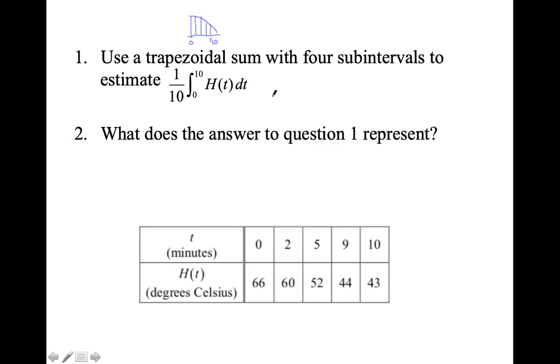As we have done in the past, we need to know the width of each one of these. So if we're going from 0 to 10 with 4 subintervals, the width of each one, thinking about the trapezoid formula again, is 1/2 the height times the sum of the 2 bases.